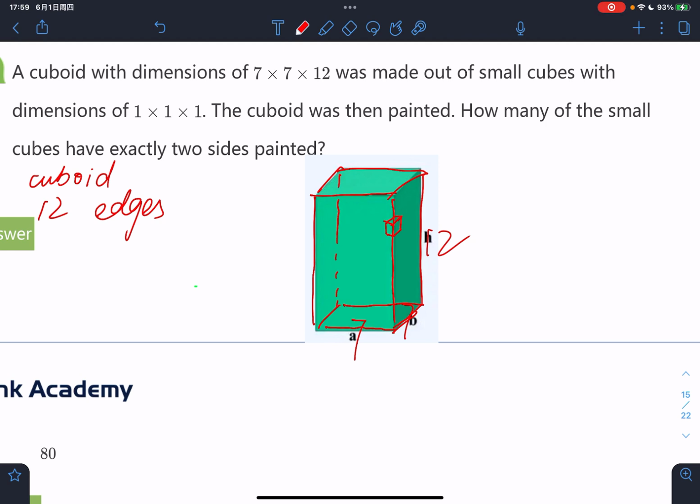For each of these edges, we need to count the cubes that are not in the corners, as these are the cubes that will have exactly two faces painted.